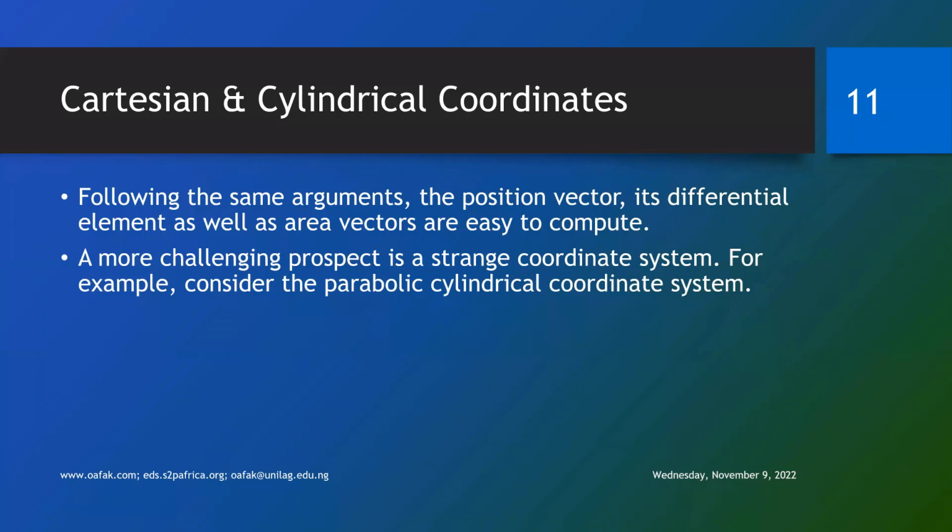Can you tell me what the three surfaces in cylindrical coordinates are? Can you write it out? Because it's in another question that I didn't bring out now. What are the three surfaces in cylindrical coordinates? R is equal to constant, theta is equal to constant, and Z is equal to constant.